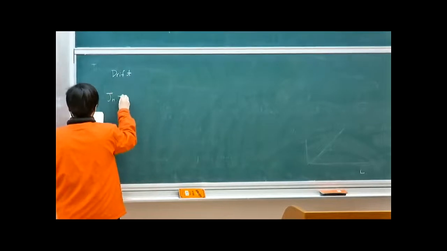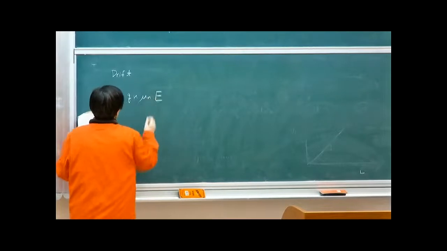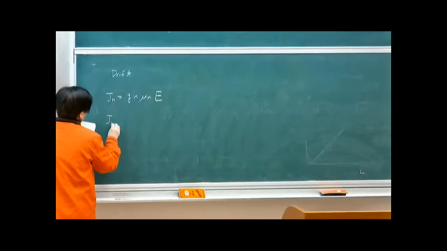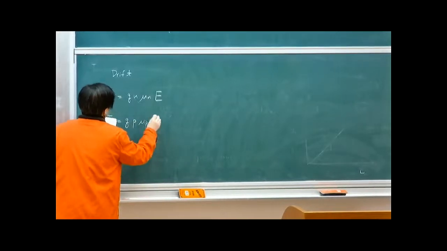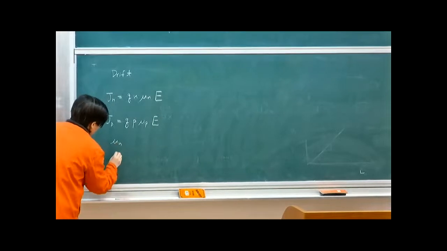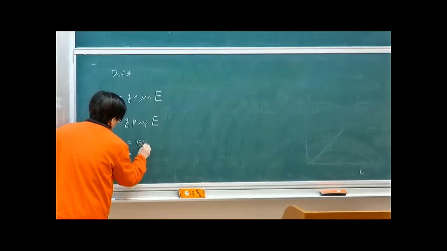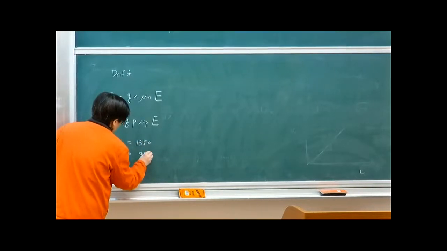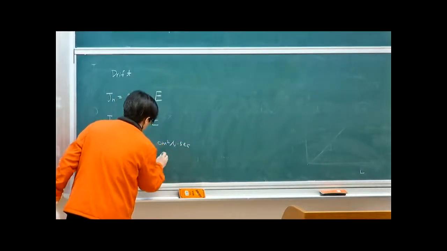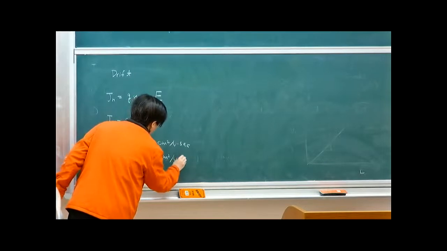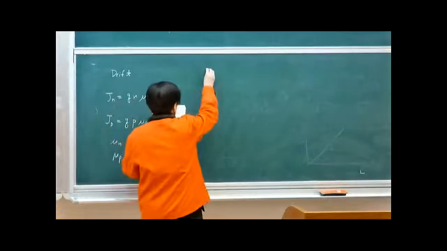For electrons, it depends on carrier density, mobility, and field. For holes, it's the same, just a different mobility. And we know that the ratio of mobilities is about 1/3. So just to give you a number, this is also at room temperature. So we have these parameters at room temperature.